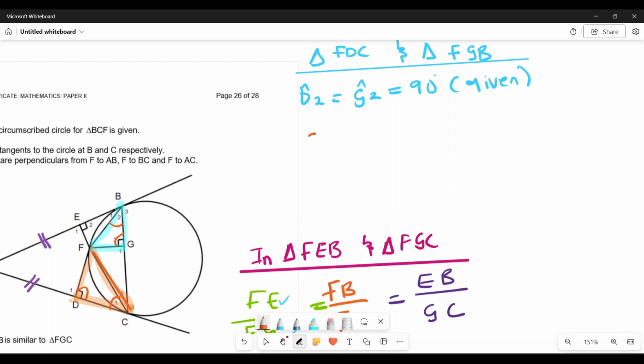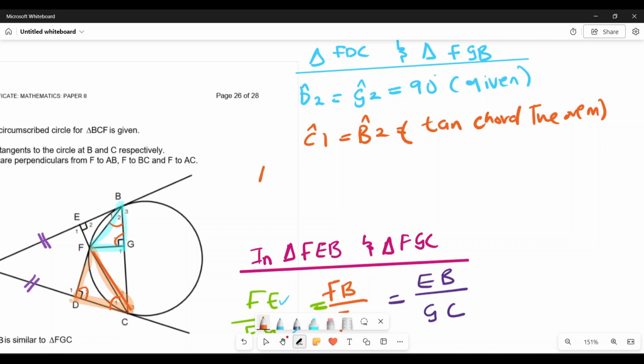So here C1 is equal to B2, and our reason here is the tan chord theorem. So we have proved that these two angles in both triangles are equal.